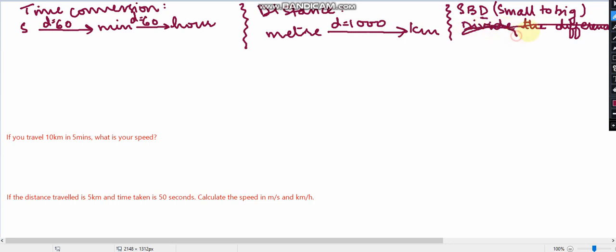And if you are going from bigger unit to smaller unit, you always multiply. So BSM, you can remember these two words. An easier way to remember, like big to small, you multiply the difference.